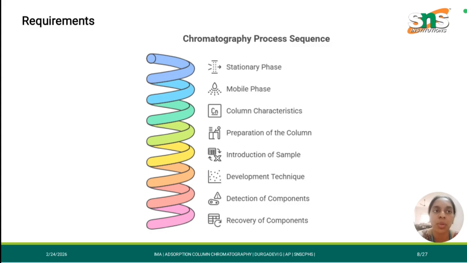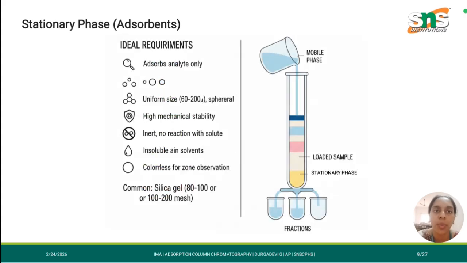The requirements of chromatography are the stationary phase, liquid mobile phase, column characteristics, preparation of the column, introduction of sample, development technique, detection of compounds and recovery of components. The stationary phase is the adsorbent in adsorption column chromatography.